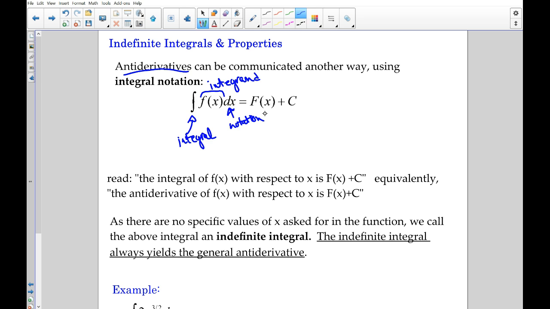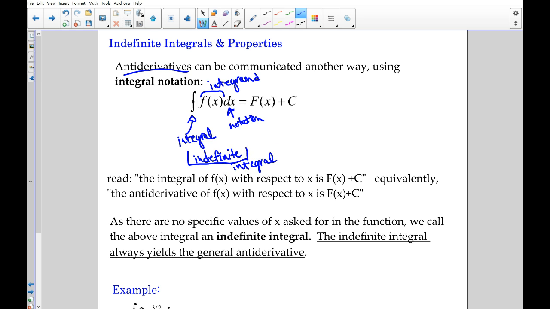There could be instances, not necessarily at this level, where you are trying to find the antiderivative of a function that has many variables. So integral, integrand, and then the whole expression here, this is an indefinite integral.